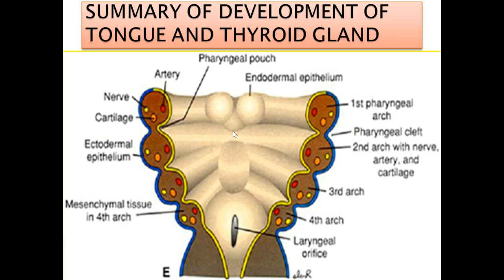Lateral thyroid elements derived from the caudal pharyngeal complex also fuse with the bilobed mass of the thyroglossal duct and give rise to the lateral parts of the thyroid gland. And the third part which gives rise to the thyroid gland is the ultimobranchial body, which gives rise to the C cells of the thyroid gland.